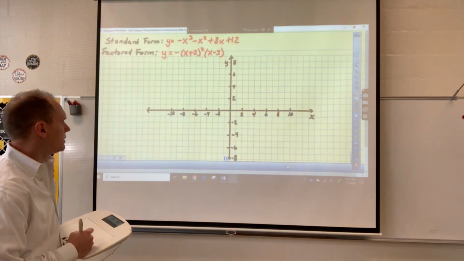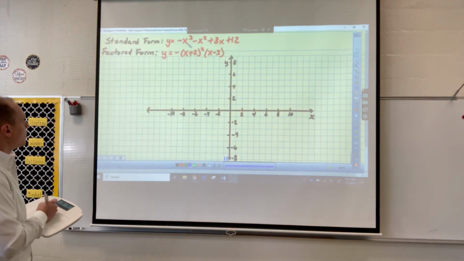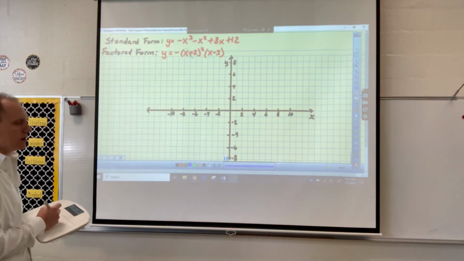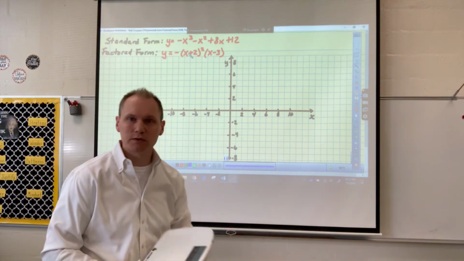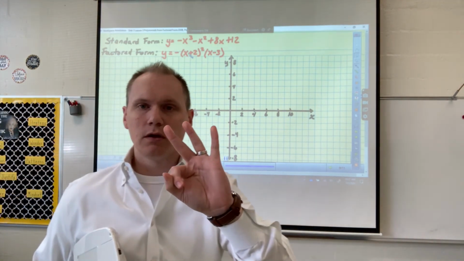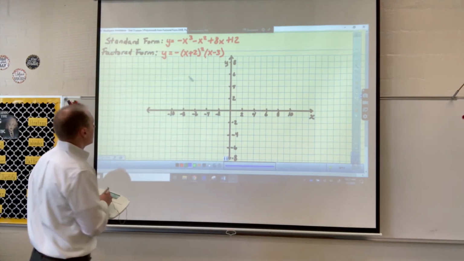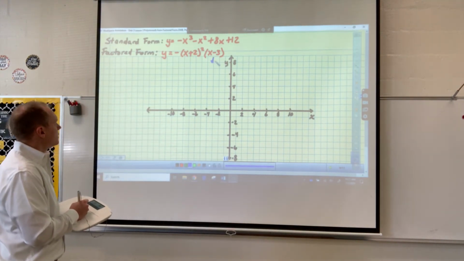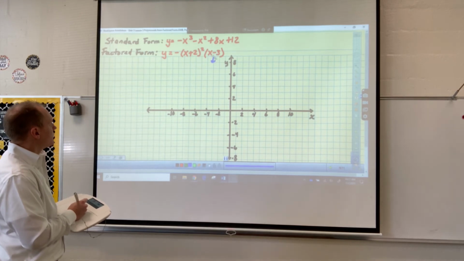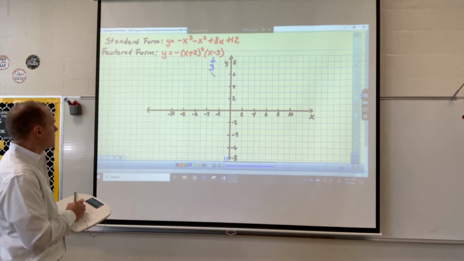So let's look at another example. We have a cubic here. So its degree is 3, which means we should have 3 roots. Now again, some of those may be repeated or imaginary, but we should have 3 roots. All right, this factor here gives us a root or x-intercept of 3.